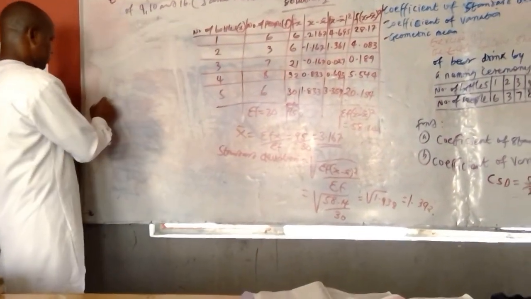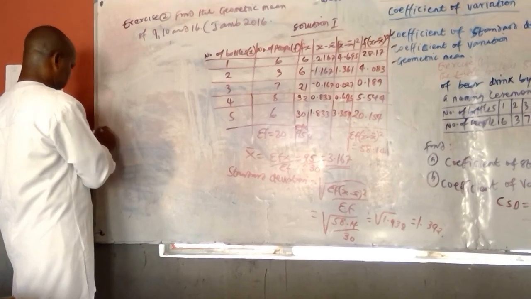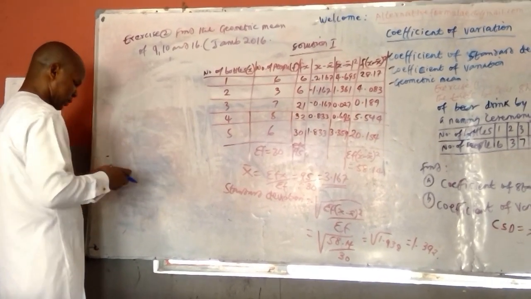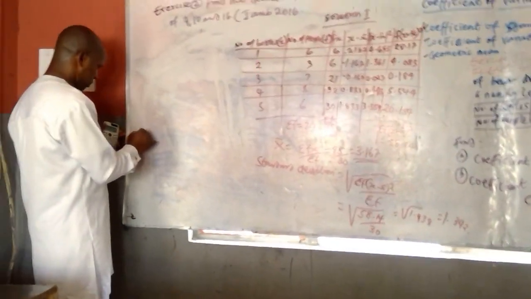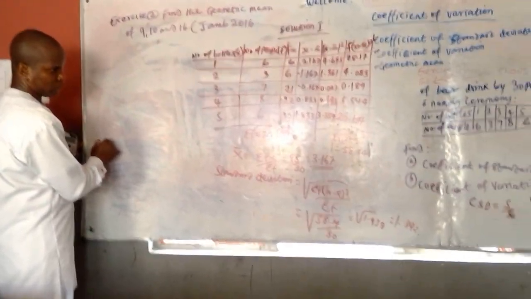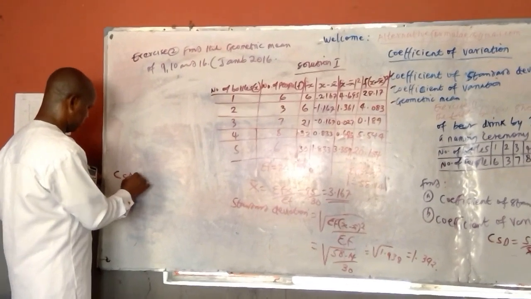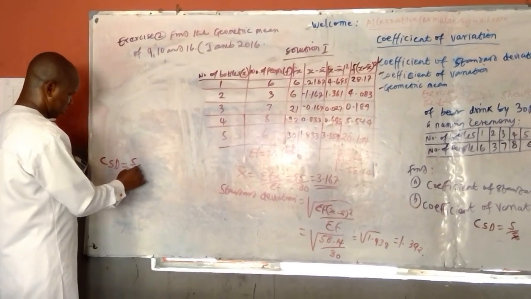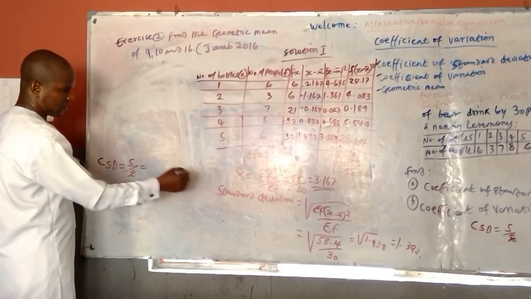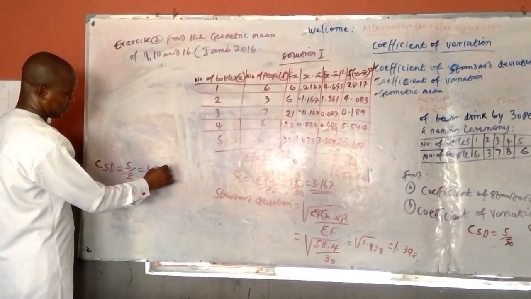So we can come back and say that the coefficient of standard deviation equals the standard deviation all over the mean. The standard deviation is given as 1.392.